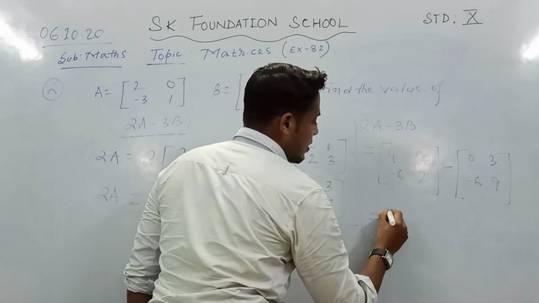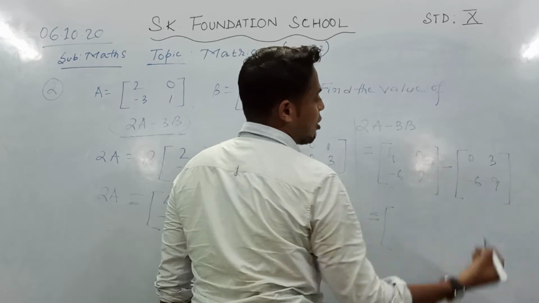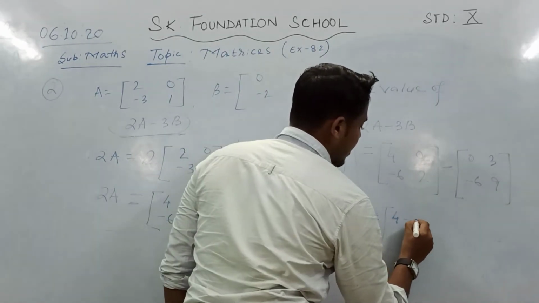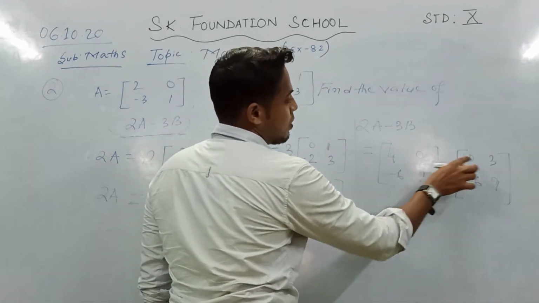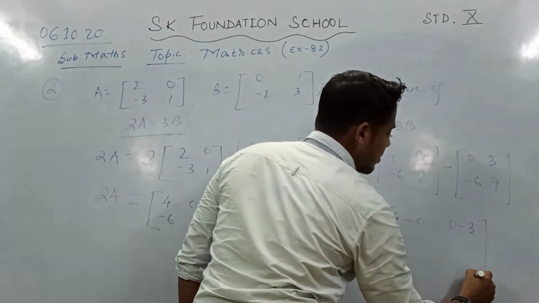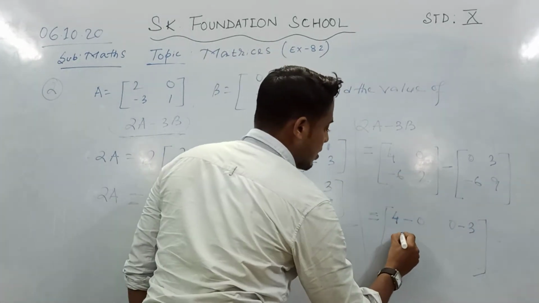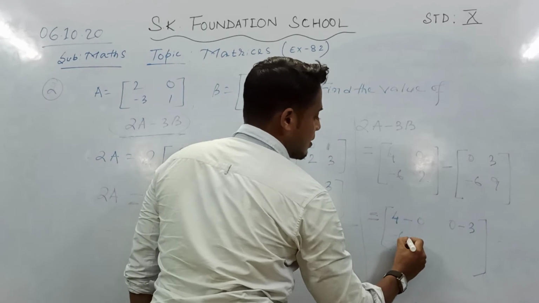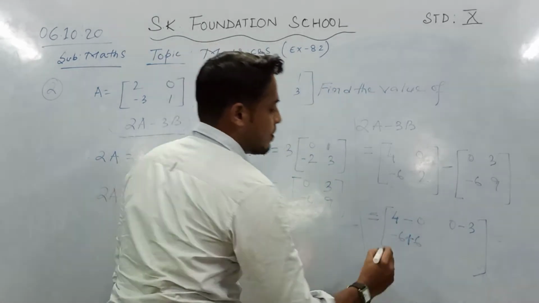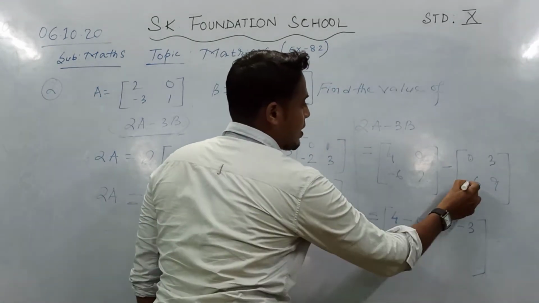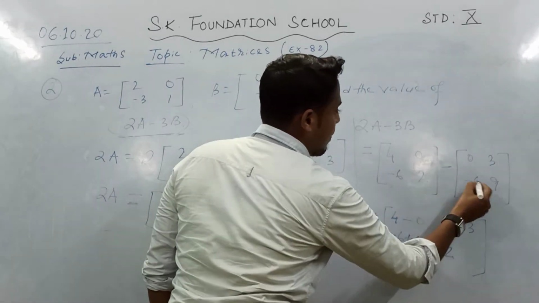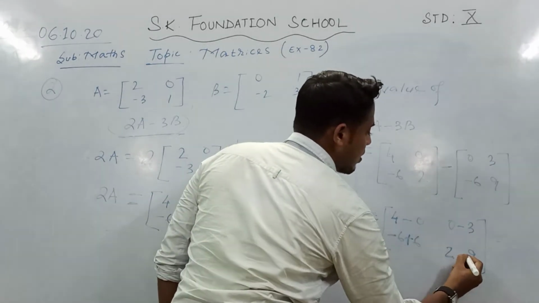In the same way, this position and this position are equivalent. So 4 minus 0, 0 minus 3, minus 6 minus minus 6, which is plus 6, and 2 minus 9.